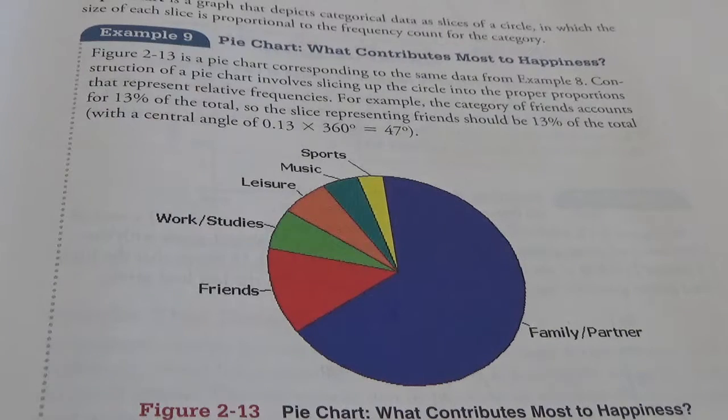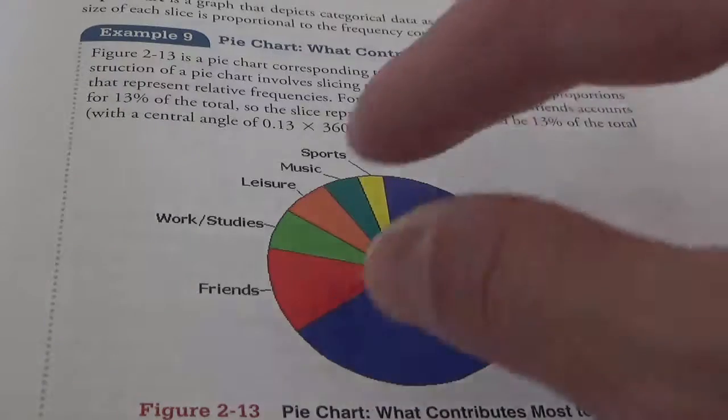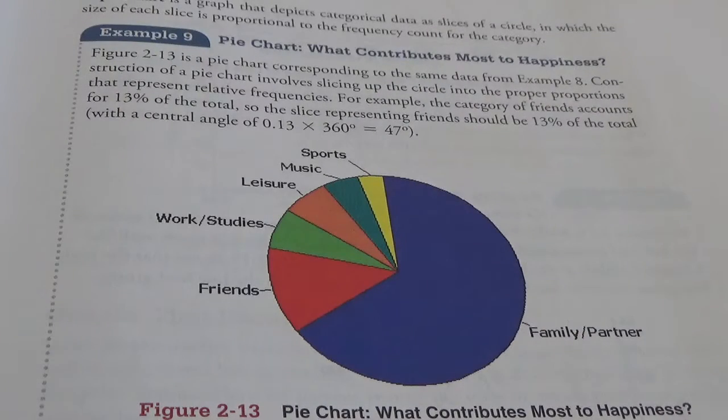With the bar graph, we had a scale that showed us exactly what was going on. With the Pareto, we had a scale showing us exactly what was going on. There's no real scale with this pie chart, and so they're not usually favorable.